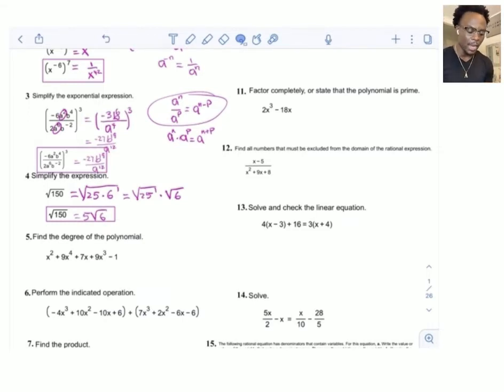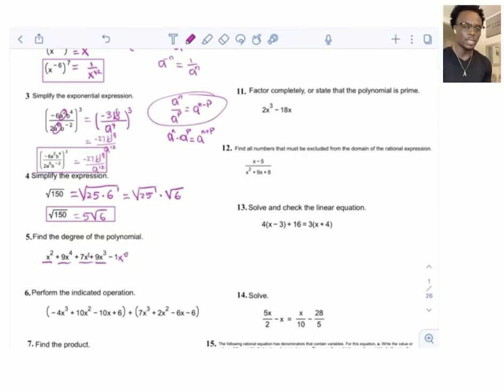What's the term with the highest exponent here? So we can look. Exponent 2, exponent 4, second term. Third term, exponent 1, because when the power is not seen, the exponent is 1. Exponent 3. When you don't see the variable for the constant term, that means the variable had the exponent 0.